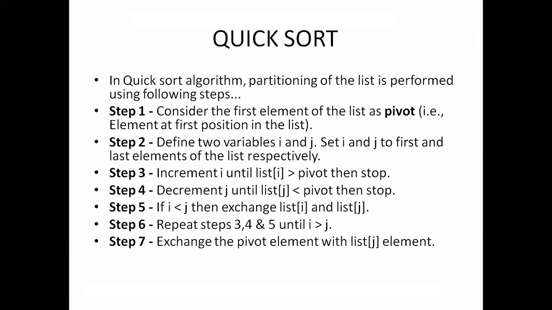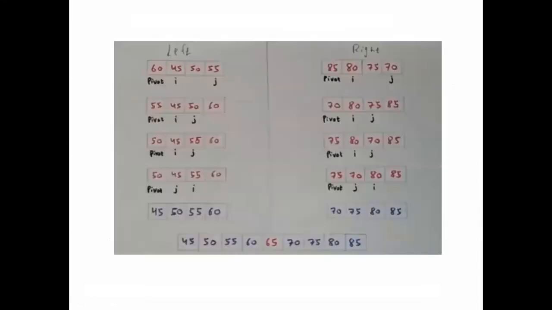Increment i by 1 when the i value is greater than the pivot, and decrement j by 1 when the j value is greater than the pivot. See here in this example: this is my pivot value, this is my i value, and this is my j value.